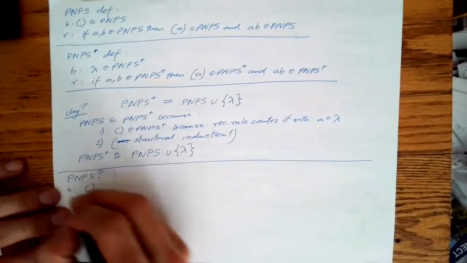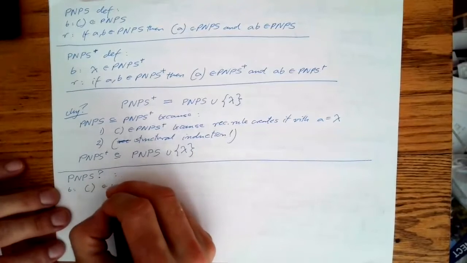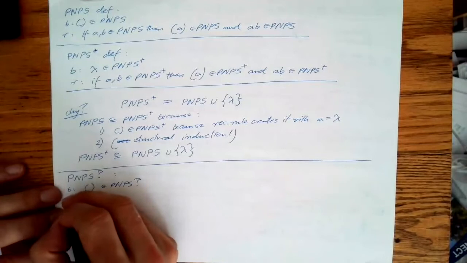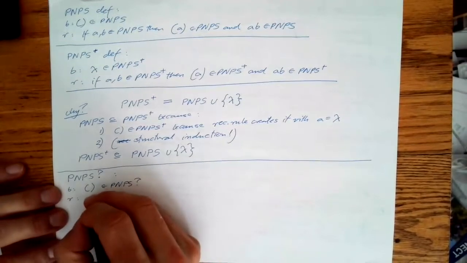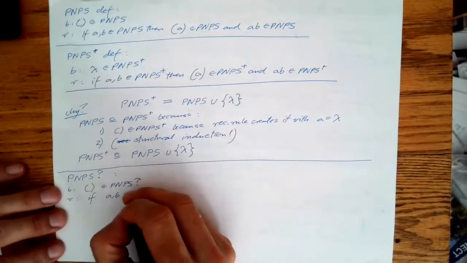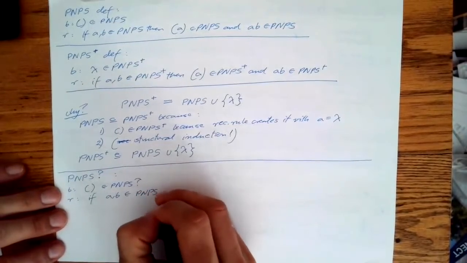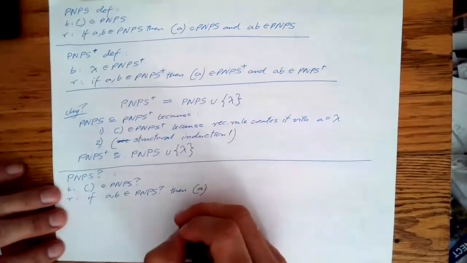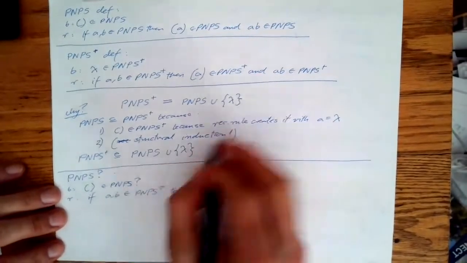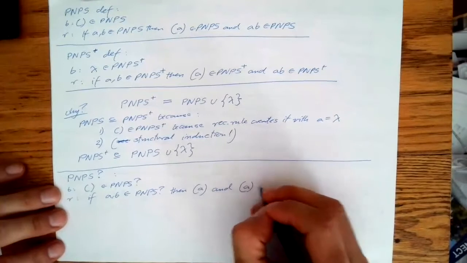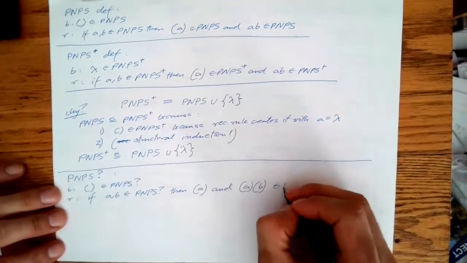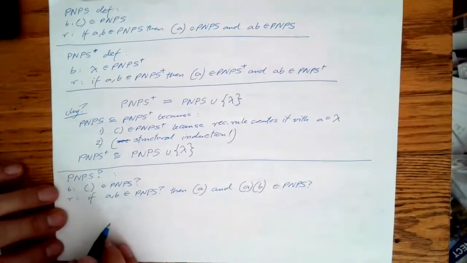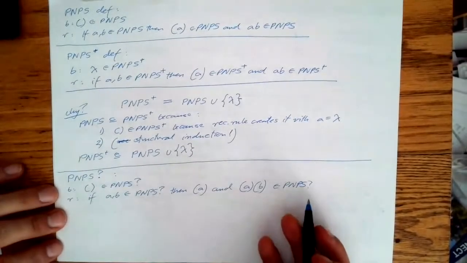The base case is open close is a member of this PNPS question mark set. And the recursive rule says that if A and B are members of PNPS question mark, then so is this. And instead of concatenating, I'm doing that. They seem natural enough.